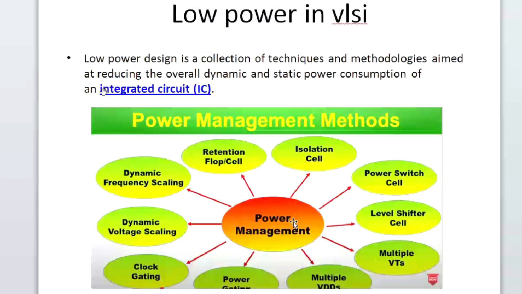So it controls the units with the help of enable signals. This is how power management supplies and manages the power to each and every logic which is independent of the voltage domains. Let's say PD1, VDD1, PD2, VDD2. This is how the power management unit supplies power to each and every cell in the design.